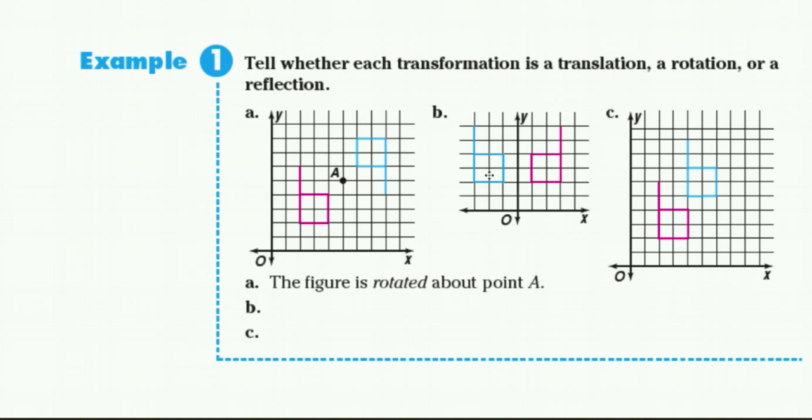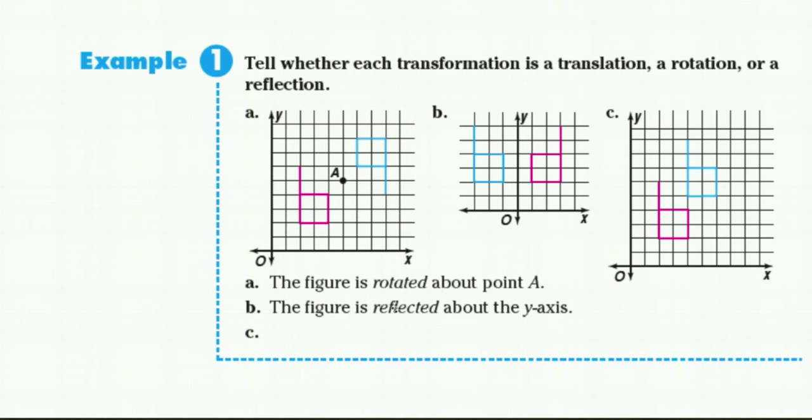And letter B, the blue figure was flipped over the y-axis, which is our line of reflection. So that's a reflection. And figure C, we simply slid the blue figure to become the pink figure. So we slid it.